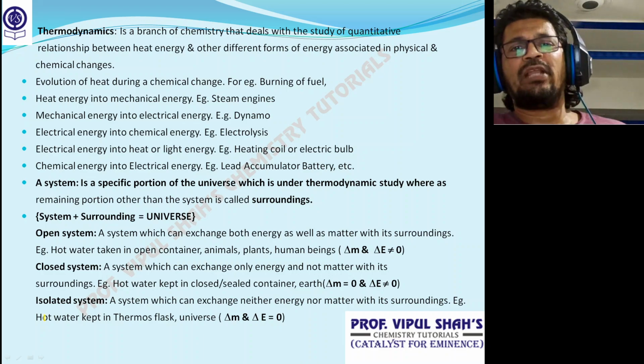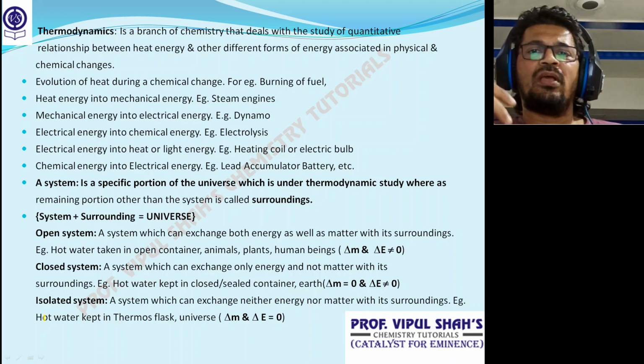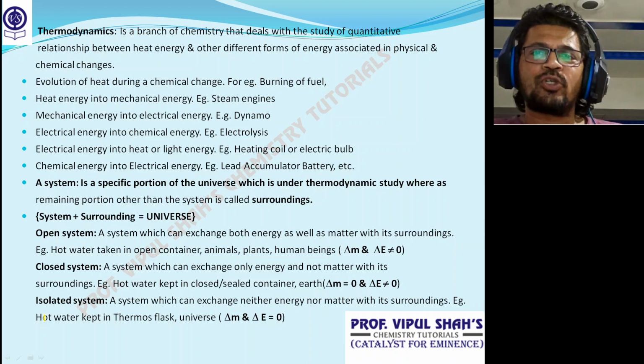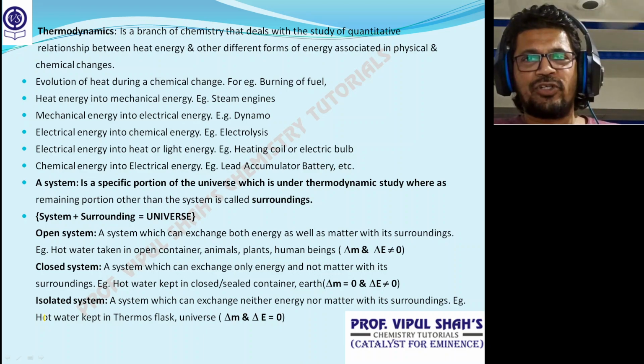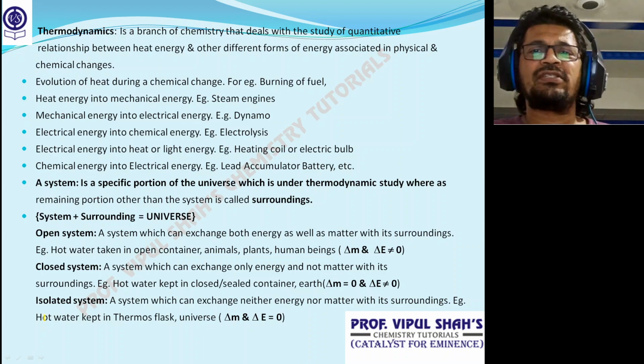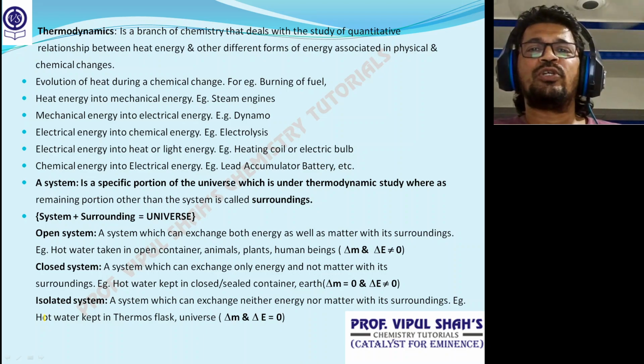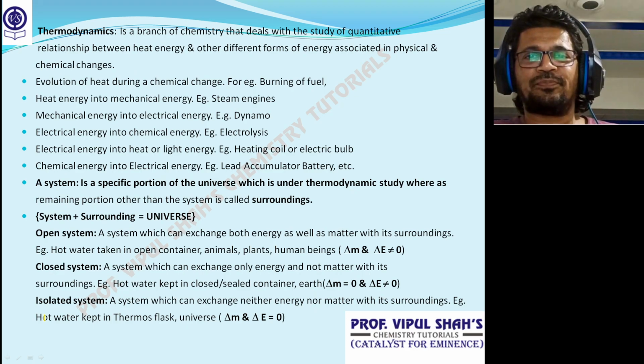Now in thermodynamics, we have first of all something called a system. What exactly is a system? A system is a specific portion of the universe which is under thermodynamic consideration. Apart from the system, whatever is the remaining part is our surroundings, and system plus surroundings constitutes our entire universe.